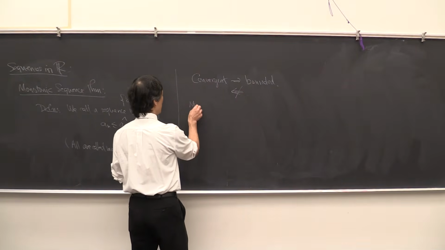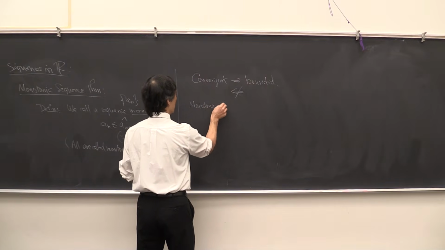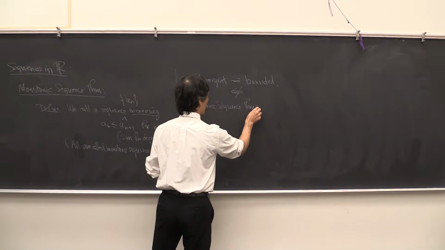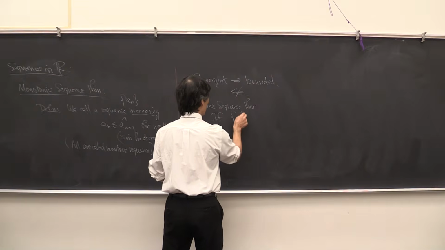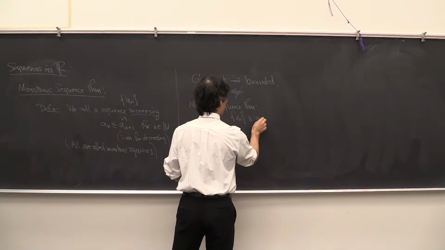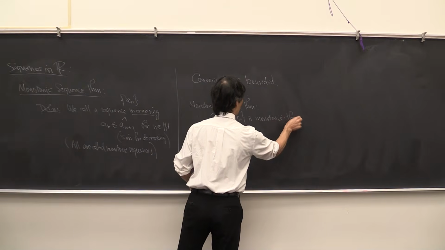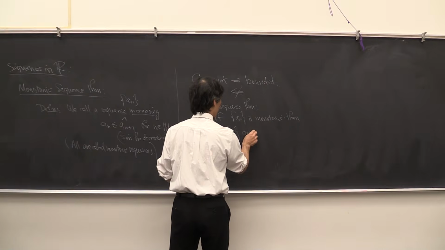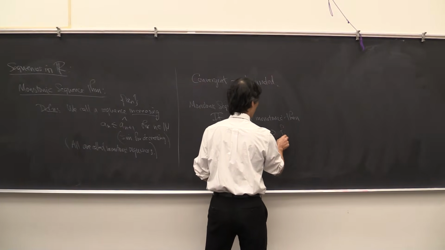So that's the so-called monotonic sequence theorem. If a sequence is monotonic, then it converges if and only if it is bounded.